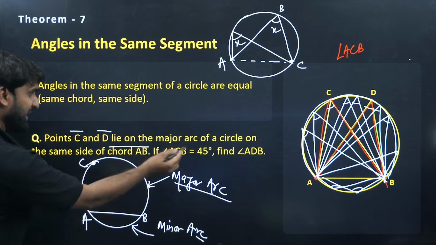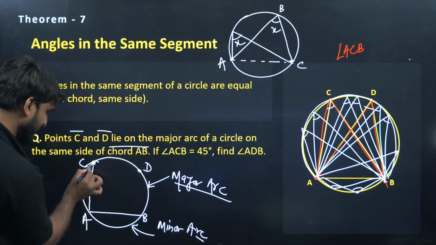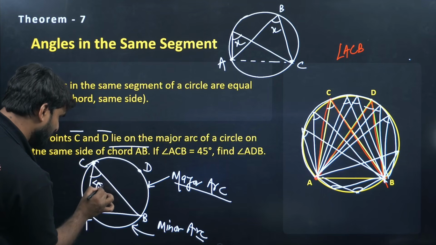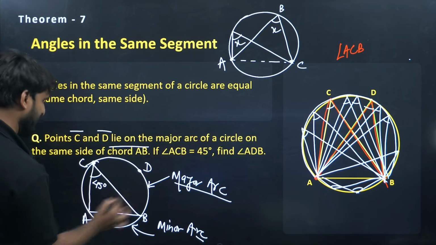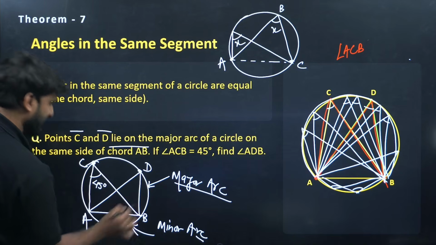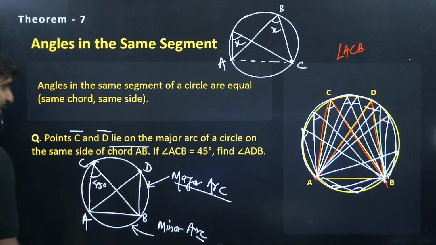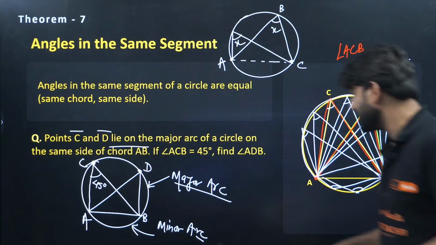Now, if angle ACB is equal to 45 degrees, find ADB. Oh my God, what will be ADB? Same angle, because both the angles are lying in the same segment. Now how to write the answer? Listen, champion.